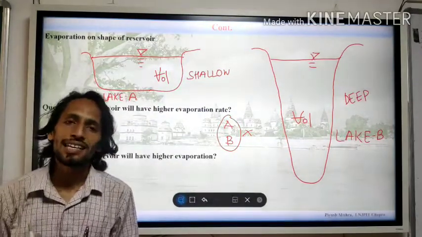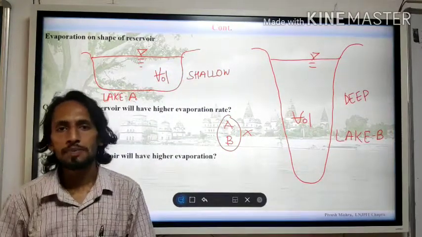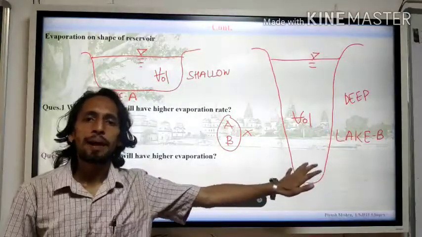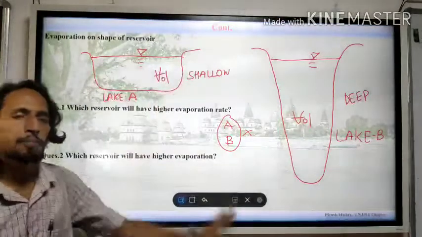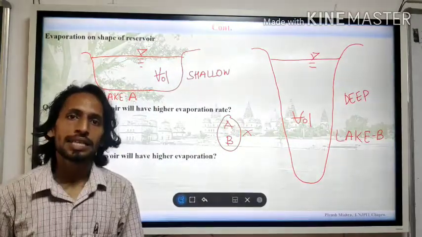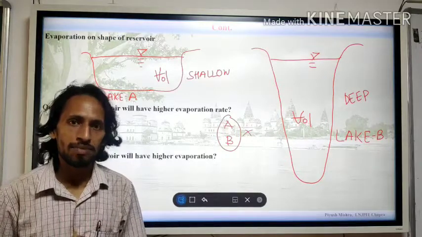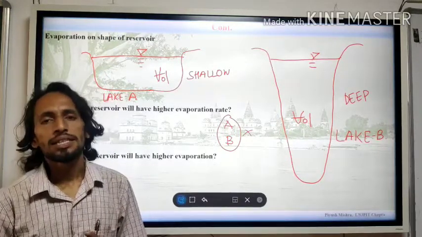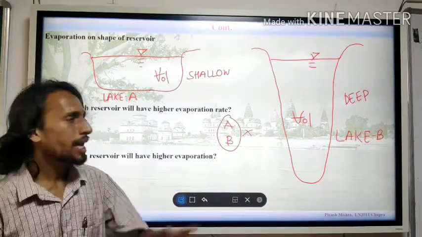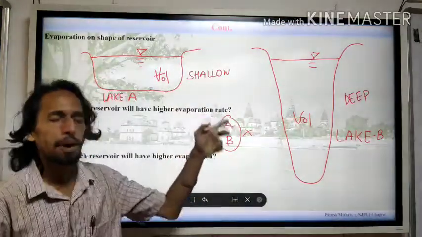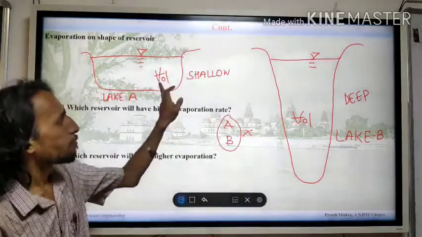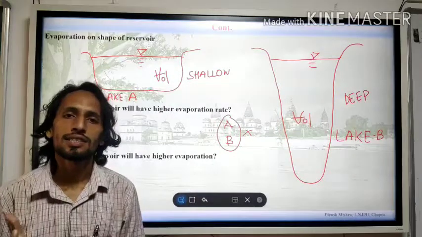Then only I can judge or compare them. Suppose this has 100 parameters and this has 100 parameters, and I want to compare one parameter, so I have to assume that the other 99 parameters are the same and constant. Then only I can compare the evaporation. So I have to give you more values, like the volume in both lakes is the same.